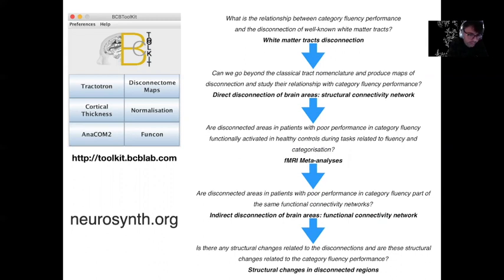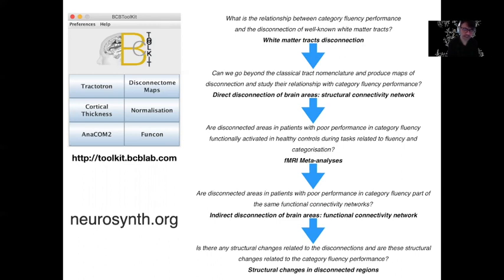Then we'll explore whether these regions classically work together in healthy controls, even when you're not doing this task. To do that, we'll look at the functional connectivity network to see whether those regions are classically synchronized together, and whether we are touching different networks or networks that belong to the same large network of functional connectivity.